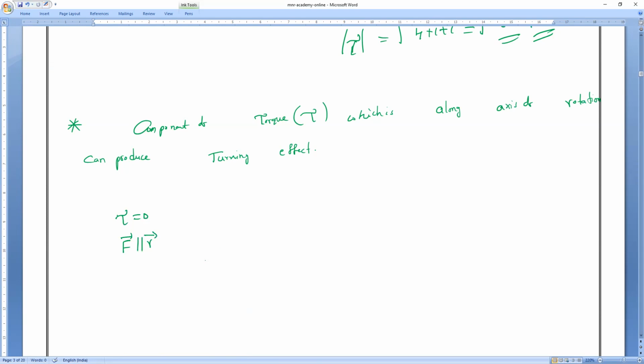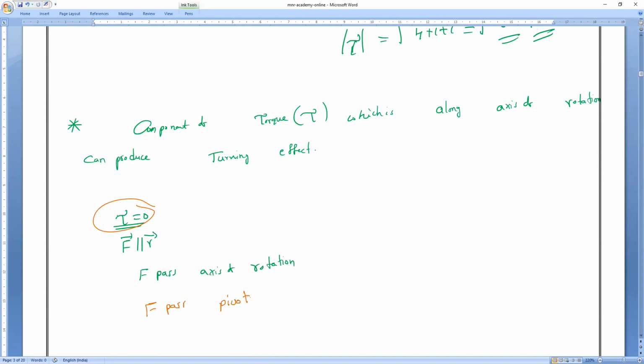Along the radius. Do you understand, all of you? So if F passes through the axis of rotation, then what is the turning effect? The torque created by the force equals how much, guys? 0. Understand? 0.